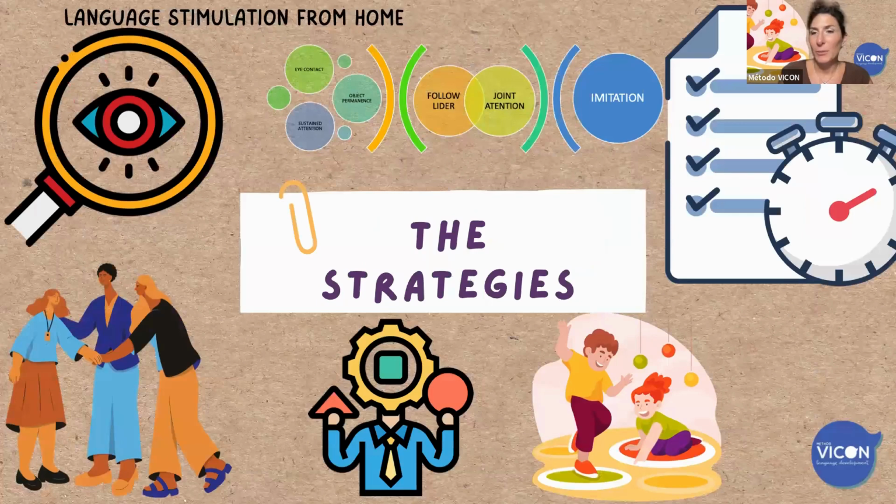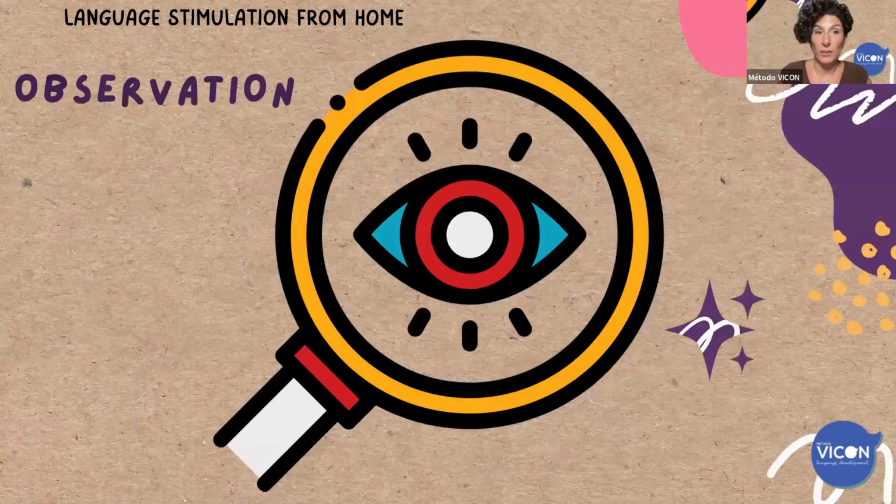Okay, now we're going into that second part I told you about, of the strategies. And that first strategy is observation.